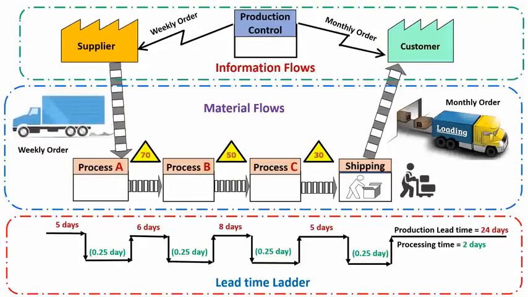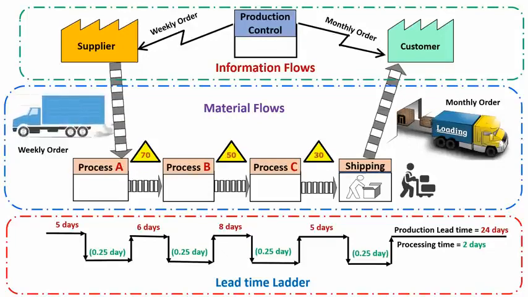In the same way, between process B and process C there is 8 days of waiting time, and then process C is taking 0.25 days. Again, between process C and shipping there is another 5-day delay, and then 0.25 days is the shipping time. So if you add all the time, it adds up to 24 days, and the processing time at the bottom adds up to 2 days.